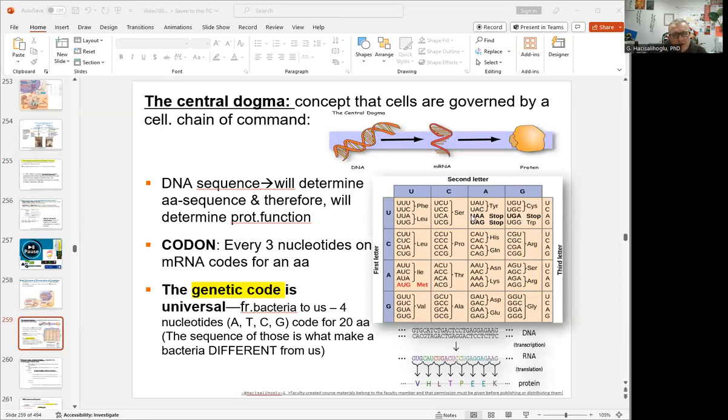So it's like, you are annoying, you are gone, and UGA, you are gone now. So these 3 are the stop codons. Okay, this is called the genetic code.